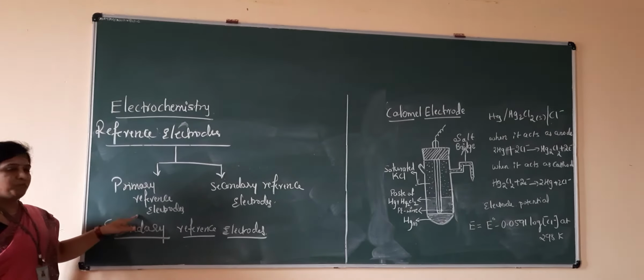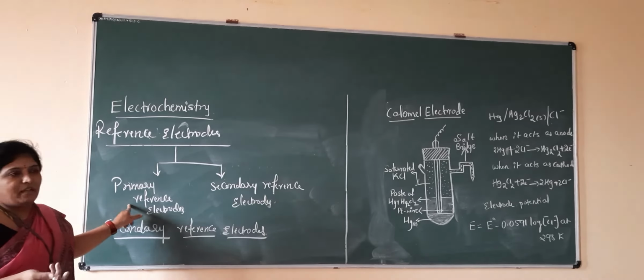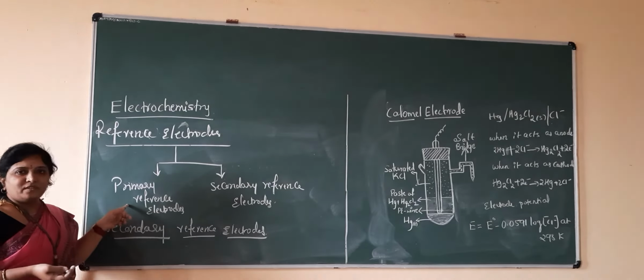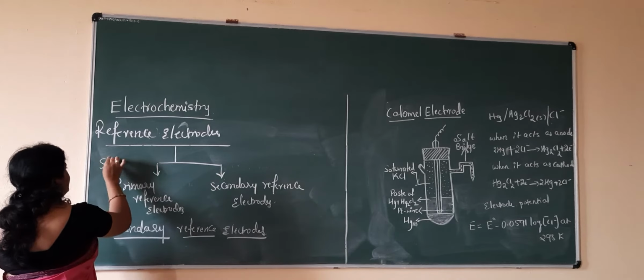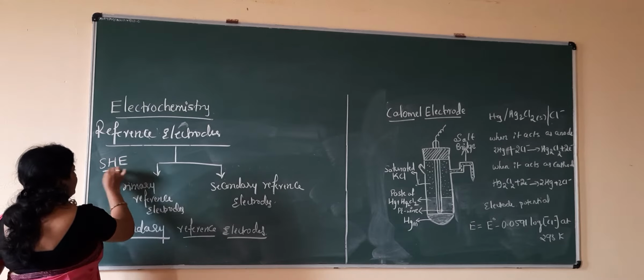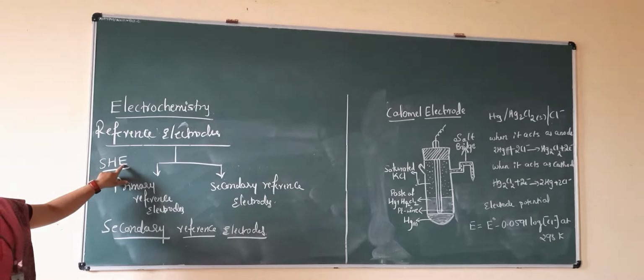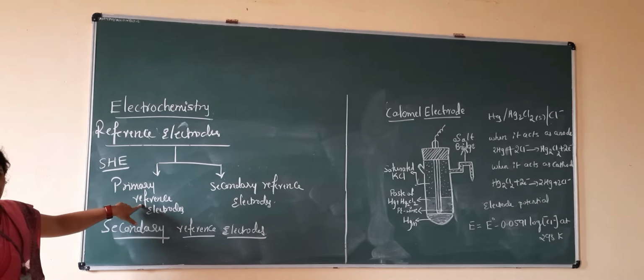Primary reference electrodes are the electrodes whose electrode potential values are known to us, for example SHE, the standard hydrogen electrode, as you might already know. Standard hydrogen electrode is a primary reference electrode.